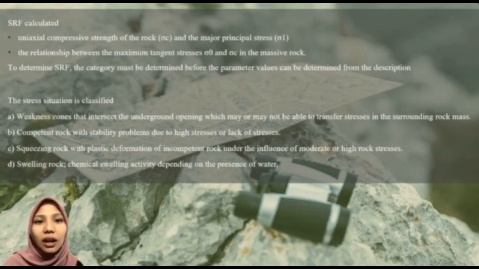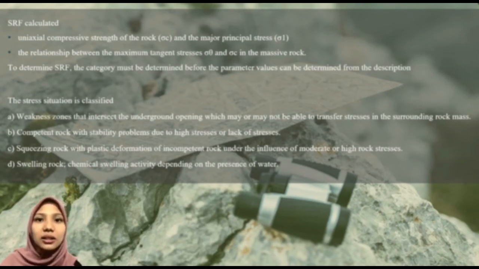To determine SRF, the category must be determined before the parameter value. The stress situation is classified in 4 categories according to the table, which is A, weakness zone that intersects the underground opening, which may or may not be able to transfer stresses in the surrounding rock mass. B, competent rock with stability problem due to high stresses or lack of stresses.